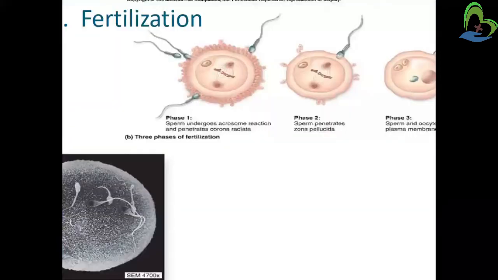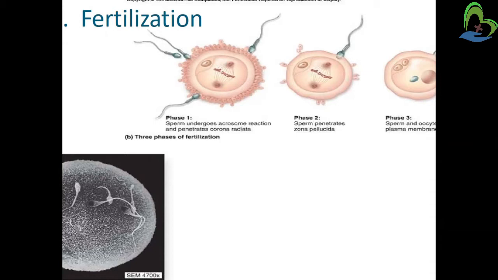Yesterday, in the previous session, we already learned that there are many sperms and one ovum protected by the zona pellucida wall, and many sperms want to enter that wall.